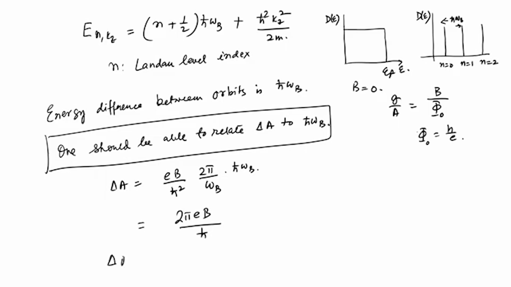So, delta A, that is the area between the two concentric surfaces, depends only on B. Okay. So, now consider a three-dimensional problem.